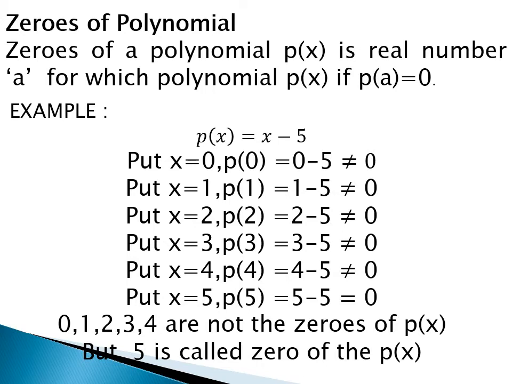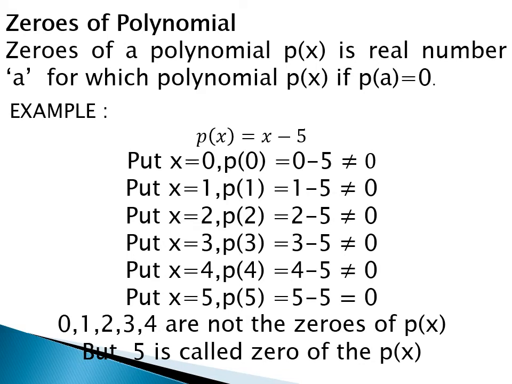If we try the second value, x equal to 1, then p of 1 equal to 1 minus 5, not equal to 0. Again p of 2, p of 3, p of 4. If you check all these values, they are not equal to 0. But in the case of 5, what happens? P of 5 equal to 5 minus 5 equal to 0. That means 0, 1, 2, 3, 4 are not zeros of p of x.